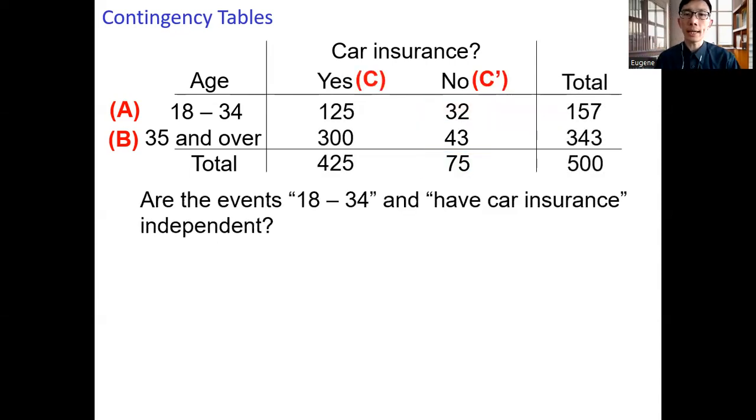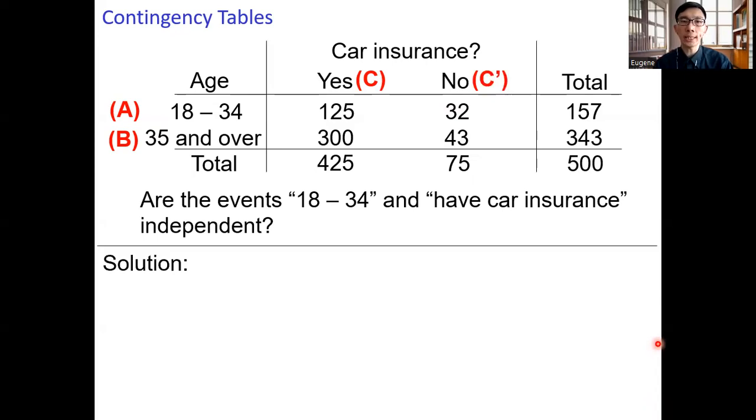Okay, so let's take a look at the next question. Here we want to deal with independence. We want to check whether the event that drivers are aged between 18 to 34 and the event that the drivers have car insurance are independent or not. So recall how we check independence.